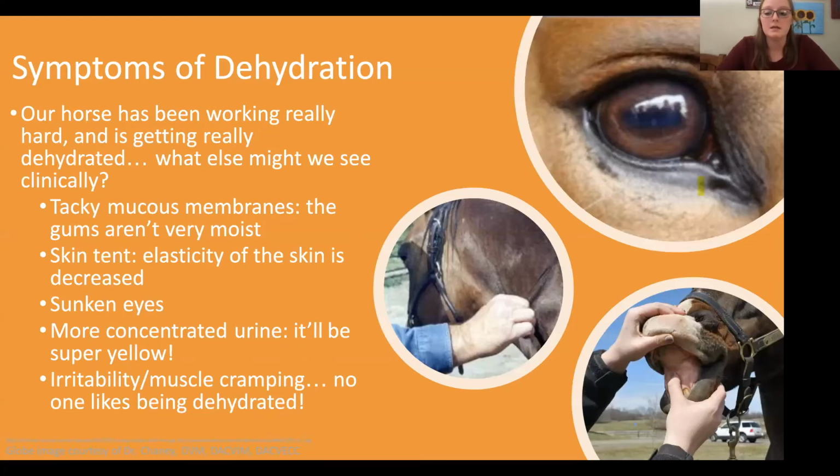Somebody mentioned to me capillary refill time. What we do is push down on the gums themselves, and when we do that, we're compressing the little blood vessels that are filled with blood that make your gums appear pink. We're blocking blood from entering that area of the gums.